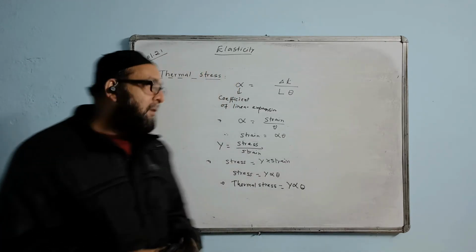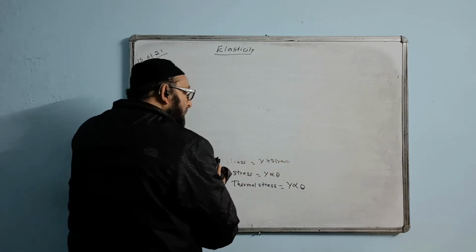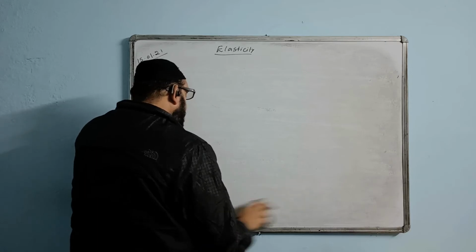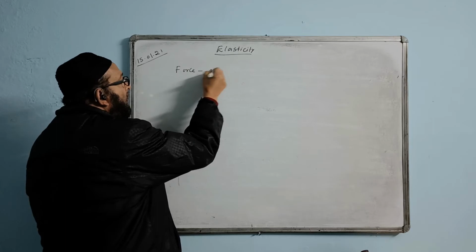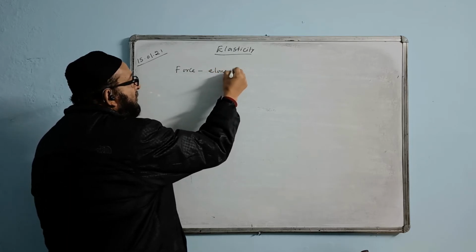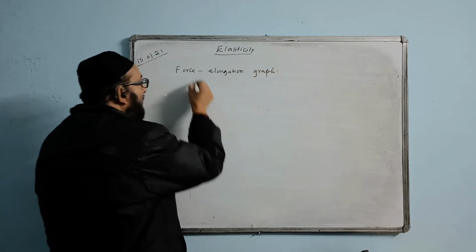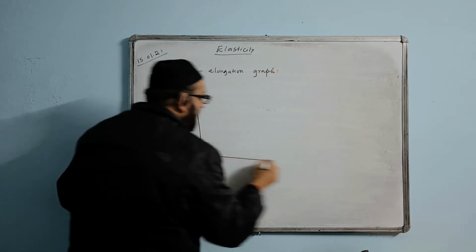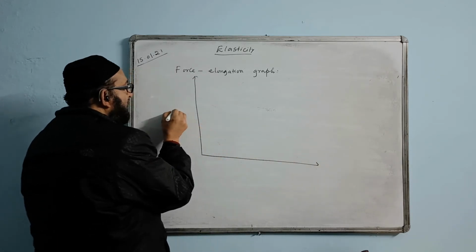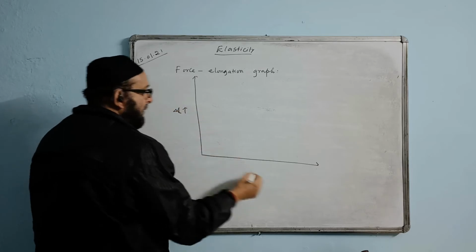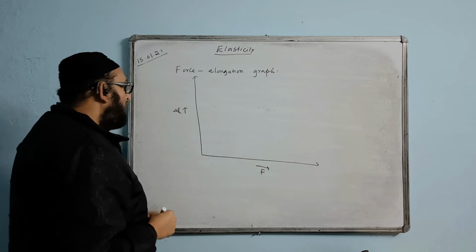Now the last part of this chapter is the force-elongation, or extension, graph. We take elongation, delta L, here and force here.